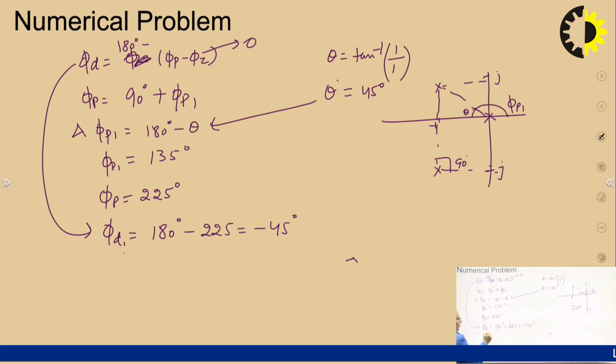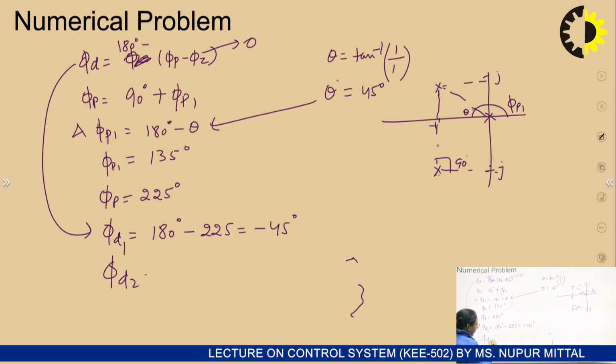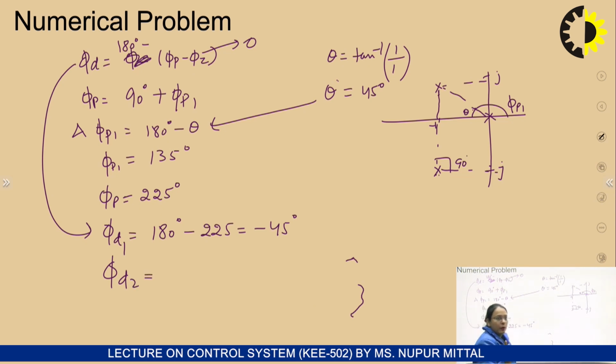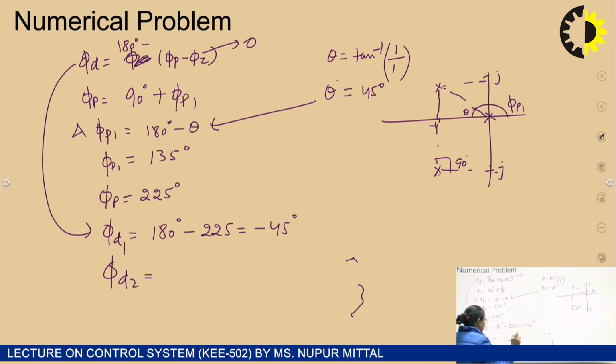Since this is phi d1, which makes minus 45 degrees, the other will make plus 45 degrees. As our root locus is symmetrical about the real axis, I can directly write phi d2 will make 45 degrees.